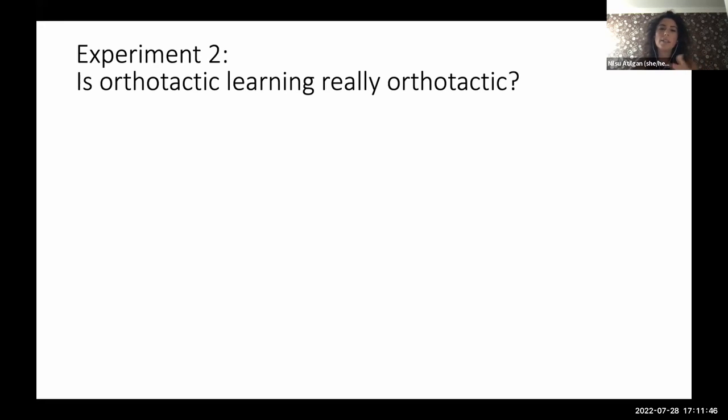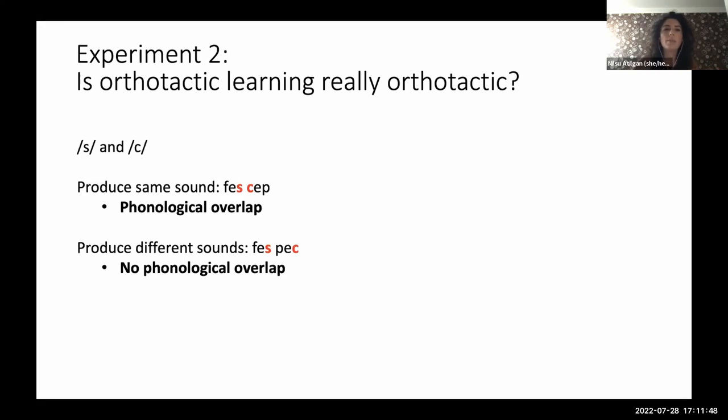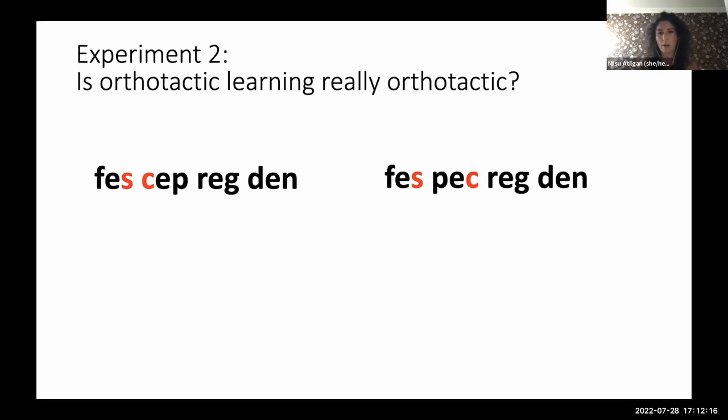To be able to answer this question, we use the letters S and C. S and C are special in a way that depending on the position in the syllable, they could produce the same sound, like in fes and sep, and there would be a phonological overlap, although they are not orthotactically in the same position in the syllable. And again, depending on the position, they could produce different sounds, fes and peck, and there would be no phonological overlap. So by using this feature, we had 2 different groups of participants.